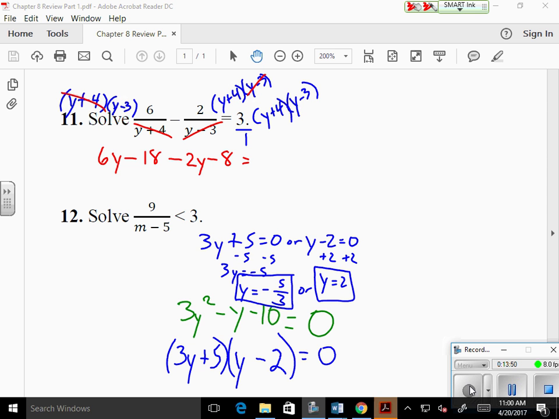And on the right side, you're left with 3 times y squared plus y minus 12.